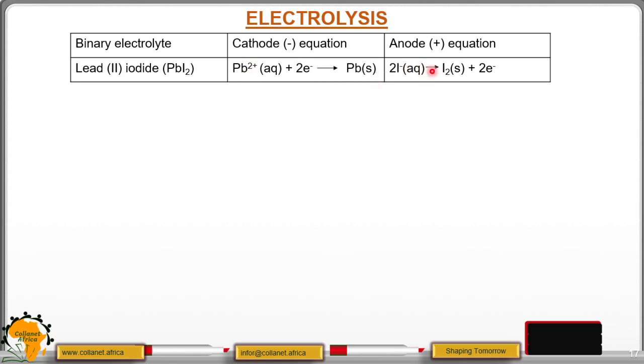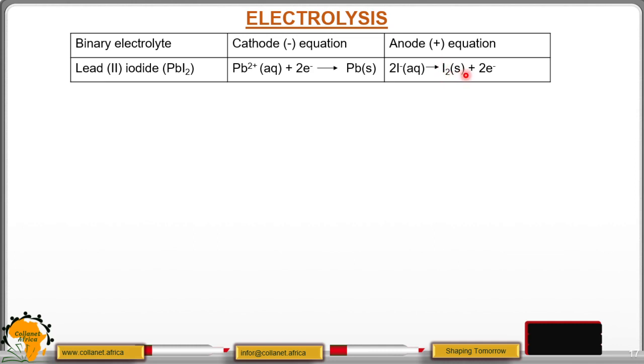On the other side, that iodide will lose 1 electron. And since this will lose 1 electron, it also needs to lose another one so that we can form the iodine solid, because they don't exist as atoms.